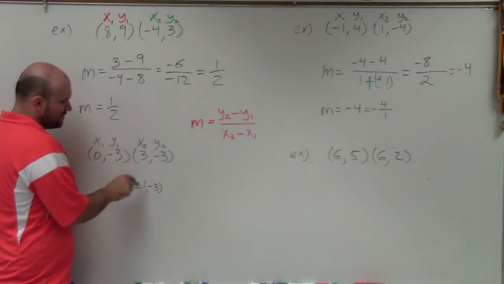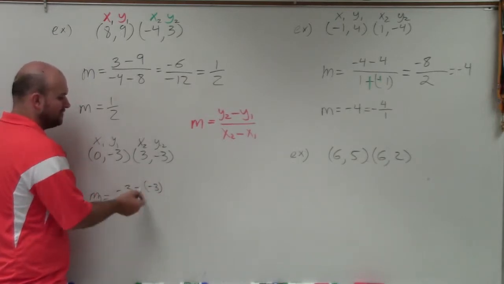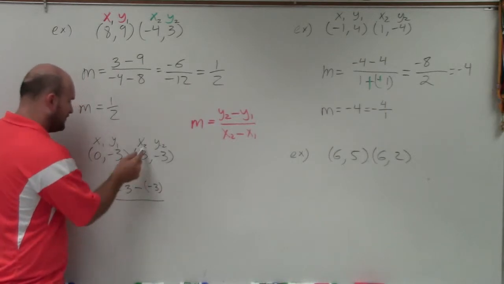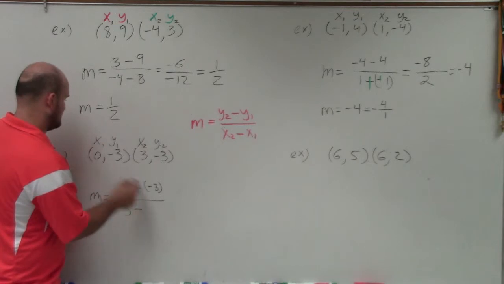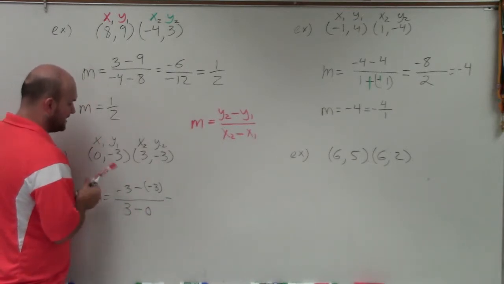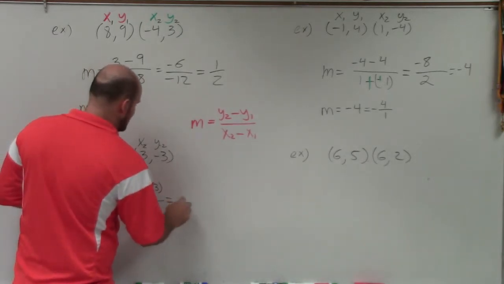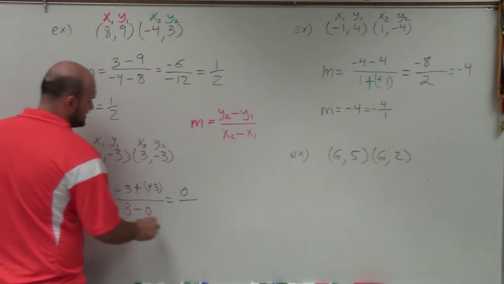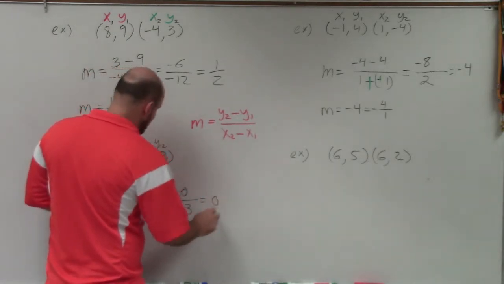So when you're subtracting the negative, put it in parentheses so you remind yourself that it's a double negative. Over x2, which is 3, minus 0. Well, -3 minus a -3, again, that's a double negative. So I have -3 plus 3, which ends up giving us 0. 3 minus 0 is going to be 3. But 0 divided by any number is 0.